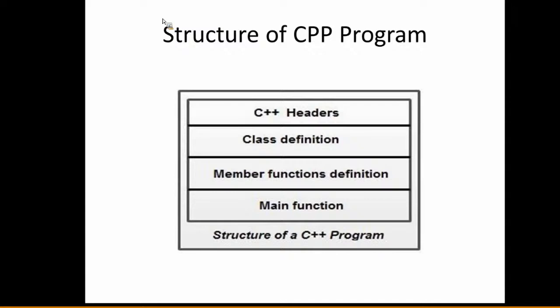Normally your C++ program is divided into these fundamental concepts. One is the header file section, where the C++ headers are written. Next is the class definition, which is one of the concepts of your C++ or OOPS programming. Then you have member function definitions. Then you have a main function.